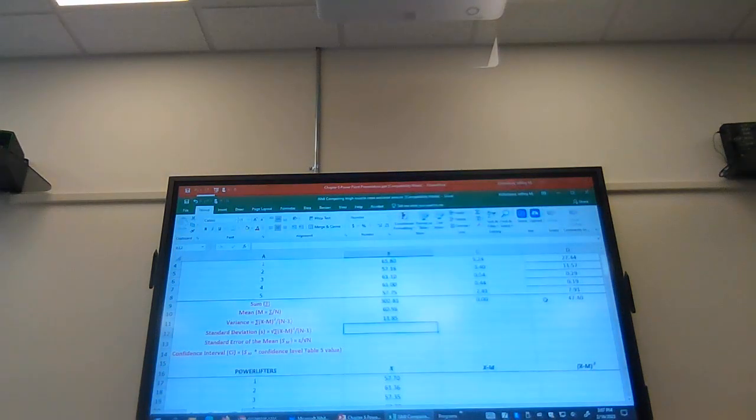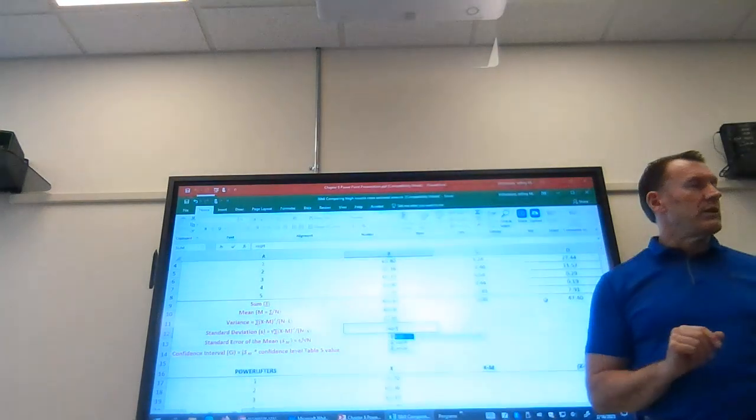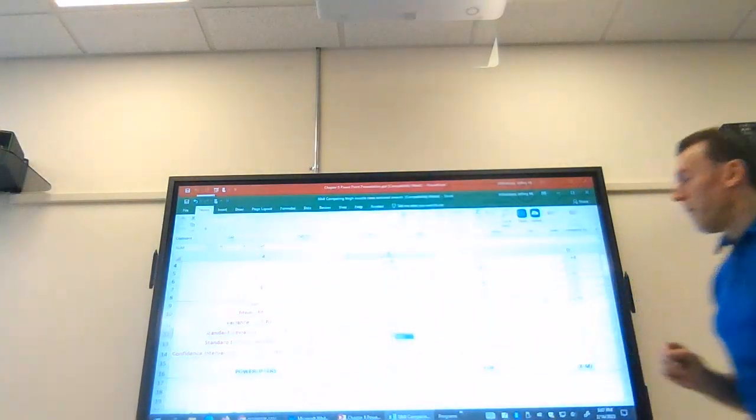So just like always, it's equals. To do square root, it's SQRT. So don't forget to type in the equals to start with. So equals SQRT.